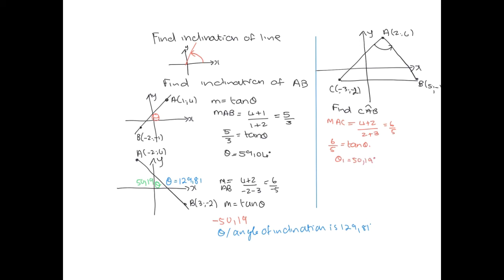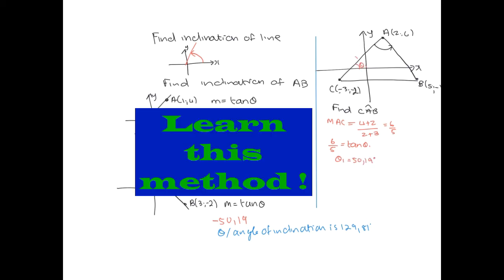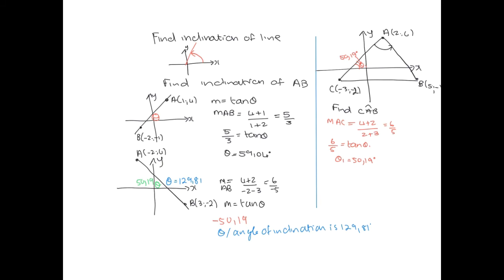Now that's going to be over here, theta 1. That angle there is 50,19 degrees. Okay, then we go and do the gradient of AB. So m of AB is equal to (4 plus 1) over (2 minus 5).